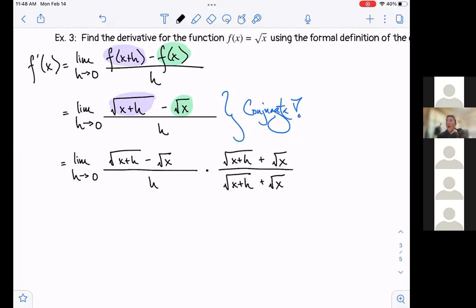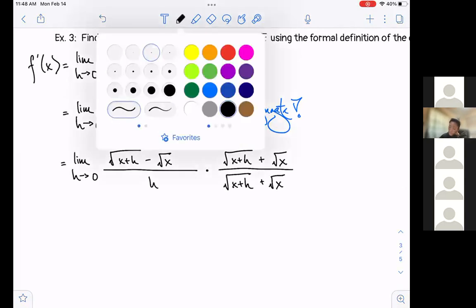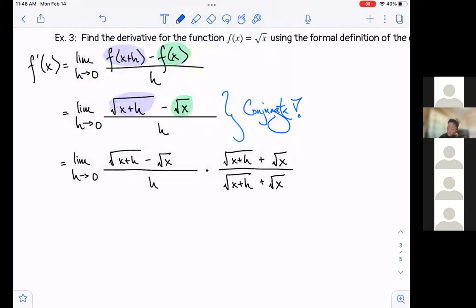Which part of the fraction should we simplify, and which part of the fraction should we be patient with? Multiply the top, leave alone the bottom.